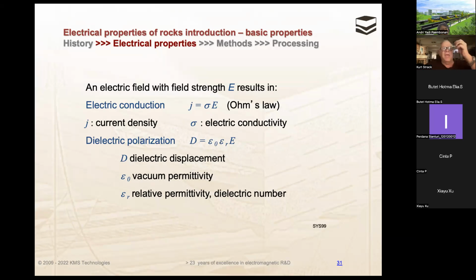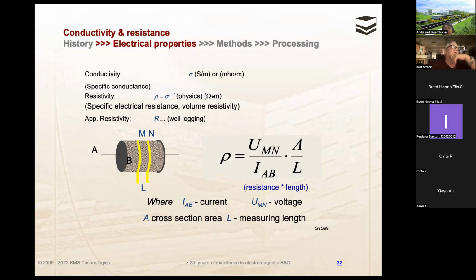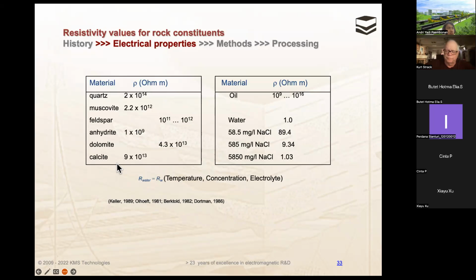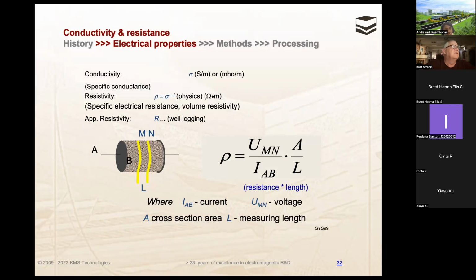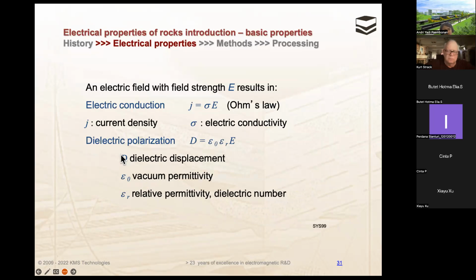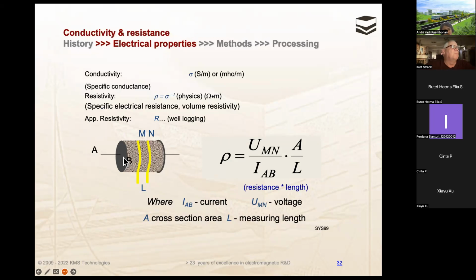These both play a certain role at certain frequencies. The dielectric polarization plays a role at higher frequencies and the electrical conduction at lower frequencies. How do we describe this? We have essentially an area A, and we inject the current from A to B, which is this side, and we then measure the voltage drop over a resistor.